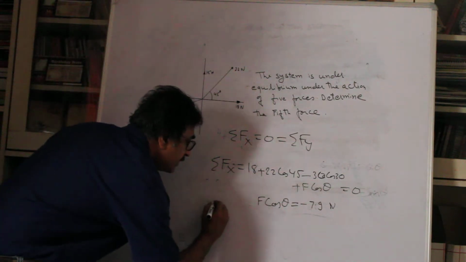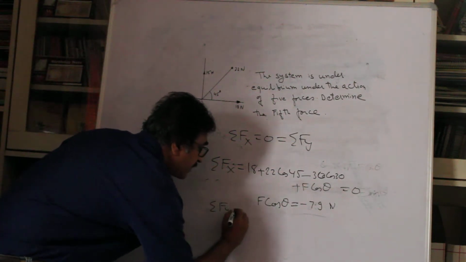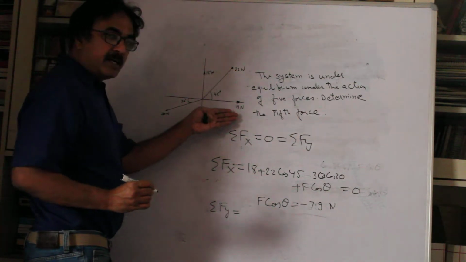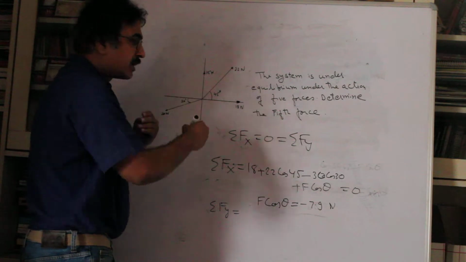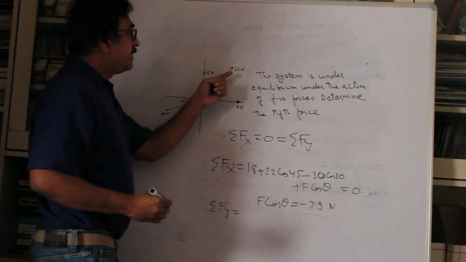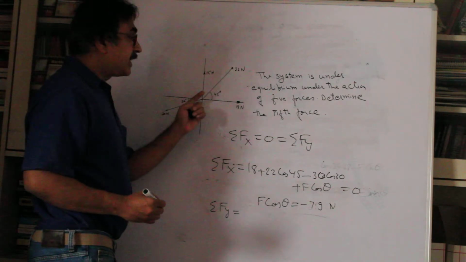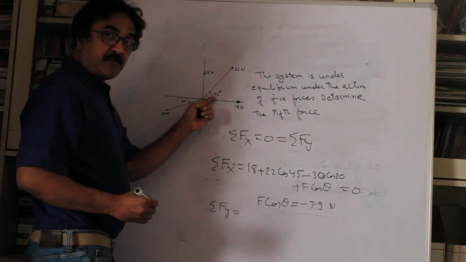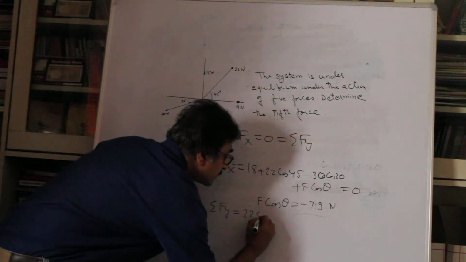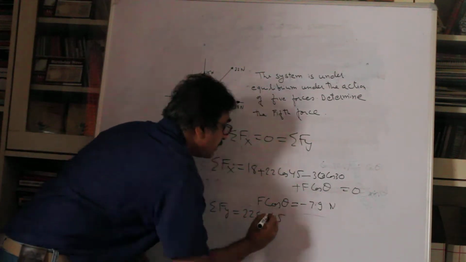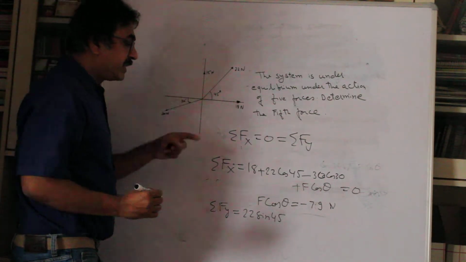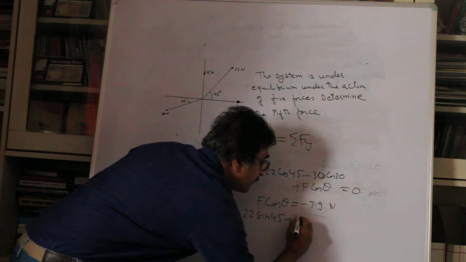Similarly, find out sigma Fy. When you find out sigma Fy, we start from 18 Newton, go counterclockwise. 18 Newton will not have any vertical component, leave that. 22 Newton, resolve vertically, it will be 22 sin 45, right? And it will be positive. So 22 sin 45, this will be added because this is already in the vertical, positive direction, so plus 15.